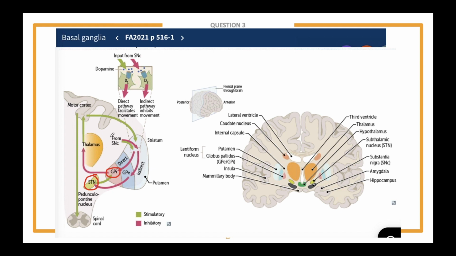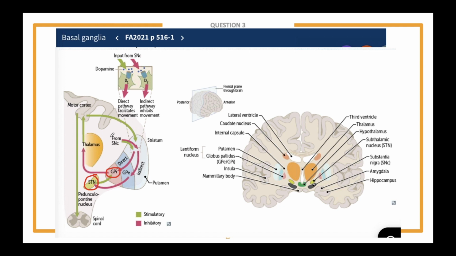Now, by stimulating the internal segment of the globus pallidus, that goes and inhibits the thalamus, okay? And when you inhibit the thalamus, you're inhibiting kind of movement and motor function.